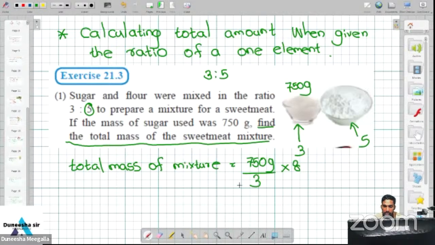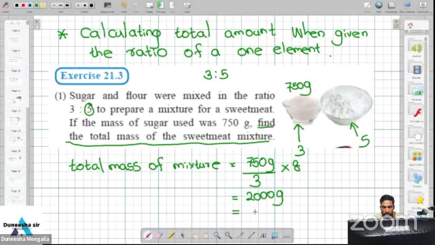Then 750 grams divide by 3. 750න් බෙදුවොත් කීයද? 250 grams. You have to multiply 250 by 8. 8ක් වැඩි කරලා බලන්න. 2000 grams, 2 kilos. Yes, 2000 grams.